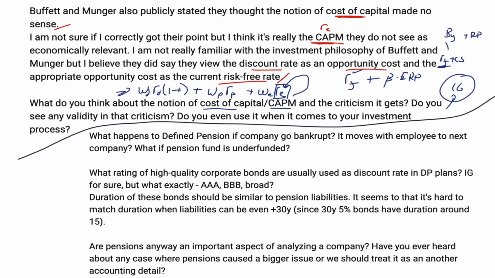They followed Graham and Dodd very closely, and Graham and Dodd used a particular function of the risk-free rate: 2 times the risk-free rate, then 1 over that. That would be the appropriate multiple to pay for an equity. So if the risk-free rate was 5%, then 2 times is 10%, which is 0.1, and 1 over 0.1 equals 10.